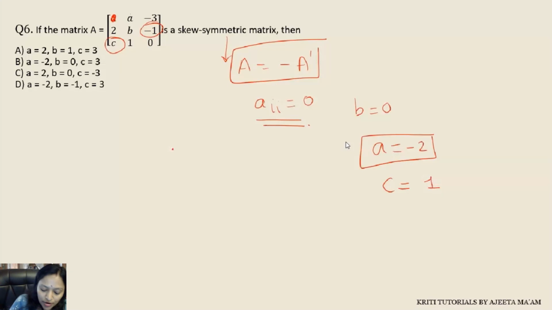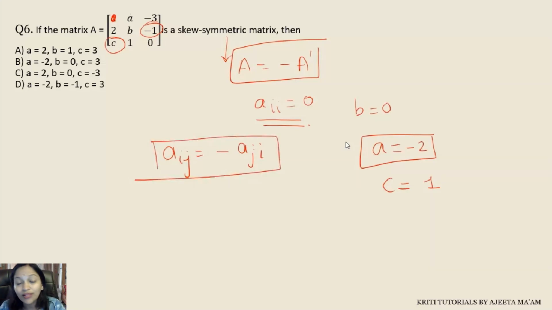The most important condition is that Aij is equal to minus Aji. Correct? One element is the negative of the other and all the diagonal elements are 0. That's an important condition for a skew symmetric matrix. Correct? So now, sorry, it's not -1. This will be compared with 3. So this is 3. Right?